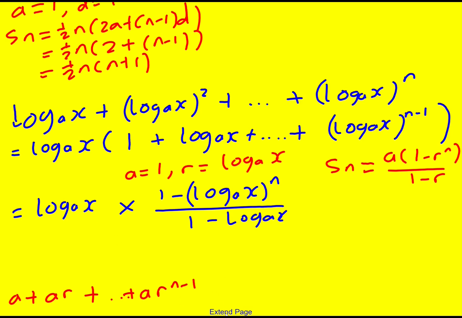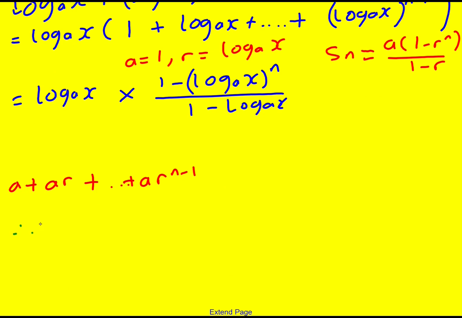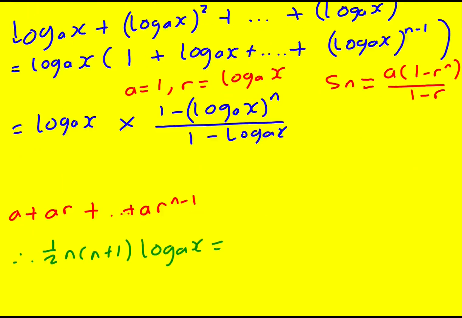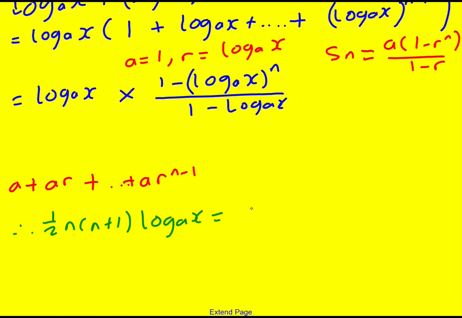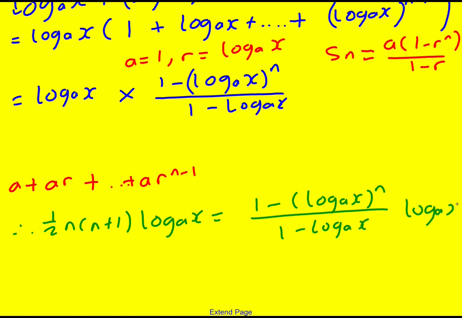So let's bring this together. Therefore, a half n plus 1 times log to base a of x, that was the left-hand side, is equal to 1 minus log to base a of x to the n over 1 minus log to base a of x times by log to base a of x.